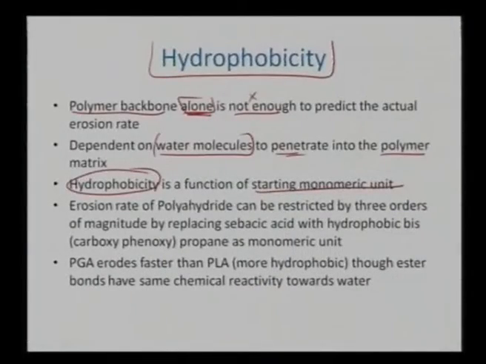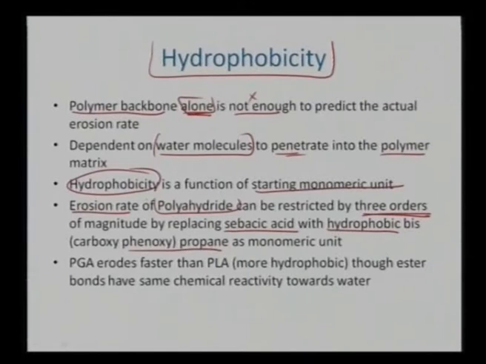And in this case we can see the erosion rate of polyanhydride can be restricted by 3 orders of magnitude as soon as we replace the sebacic acid with the hydrophobic bis carboxyphenoxypropane.